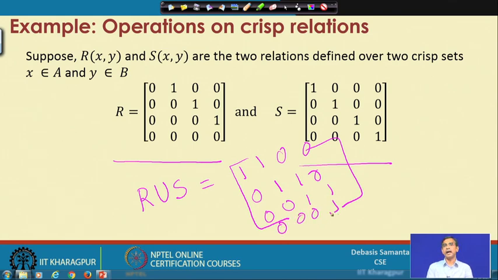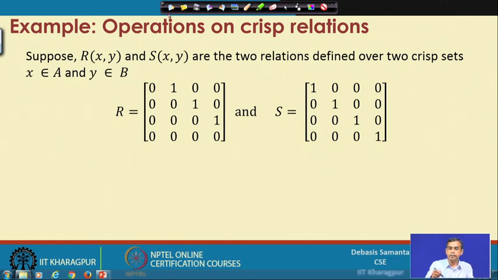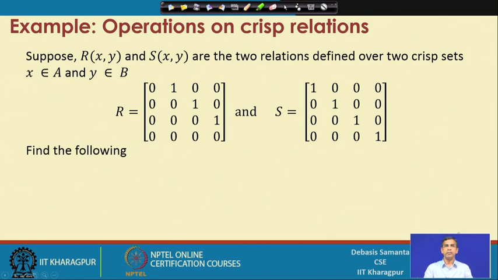So, this is another relation matrix that can be obtained using the relation operation of the two relations R and S. So, this way we can obtain the relation. Now, using the same concept, you can easily find the union of two, the intersection of two, and then the complement.